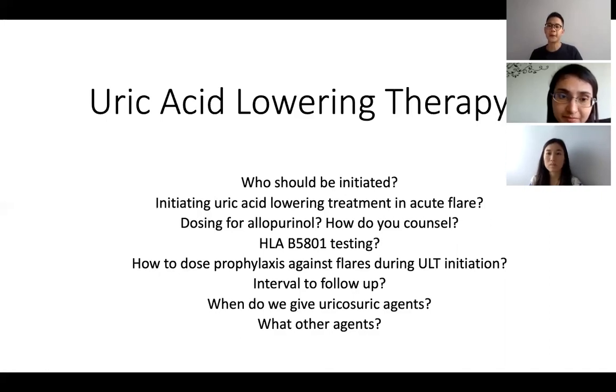Okay, thank you. Maybe just a little bit more about allopurinol hypersensitivity. Is it more commonly seen with higher doses of allopurinol, or is it more dose independent and can occur with any dose? So traditionally, it happens at the onset of initiation, so within the first 6 to 8 weeks, as we said earlier.